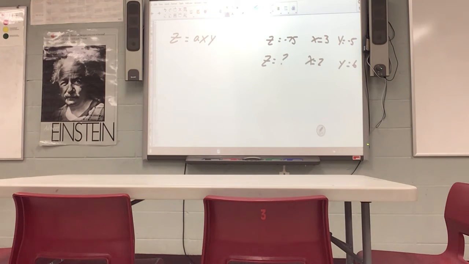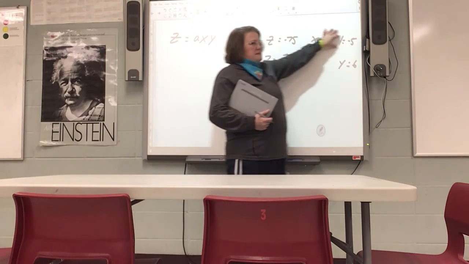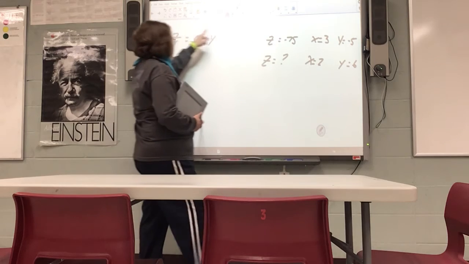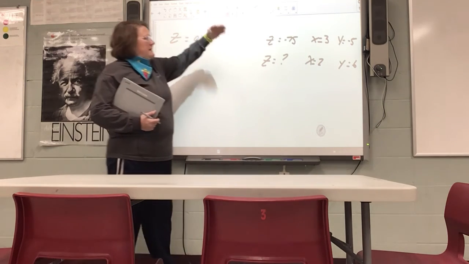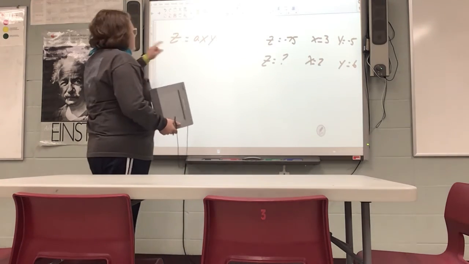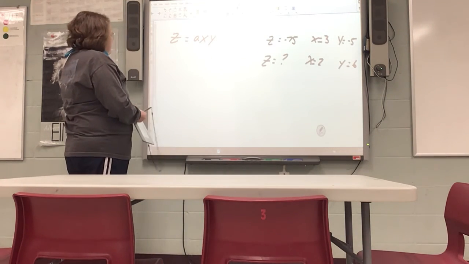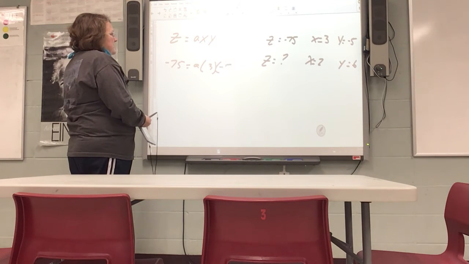So our job here is going to be the same as it was on the last problem. We've got to take this piece where we know everything and use that to solve for your constant. Then once we get a constant, we can come down here to our missing info and solve for what we need. Okay? So we're going to say z, which is negative 75, equals a times x, which is 3, times y, which is negative 5.